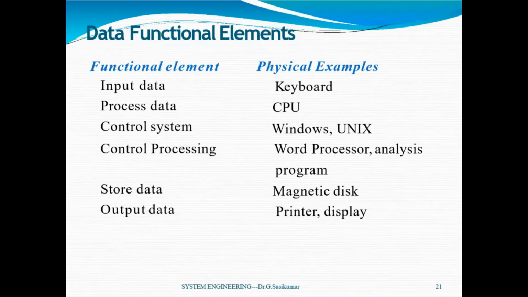Okay. So these are two different characteristics we saw in the video: the physical world and the digital world. In the physical world, we have keyboard, CPU, mouse, etc. And in the functional world, we have input data, process data, and control and store the data.